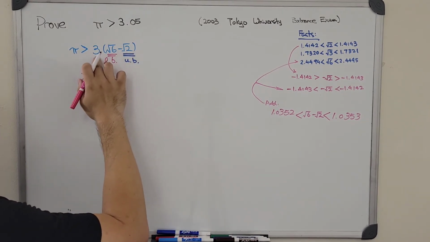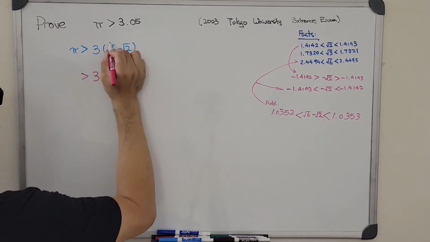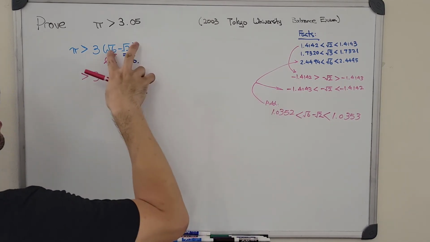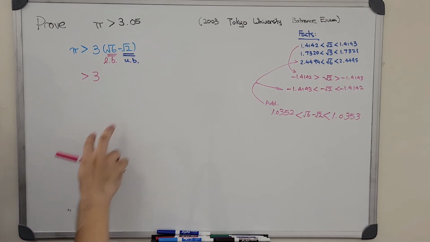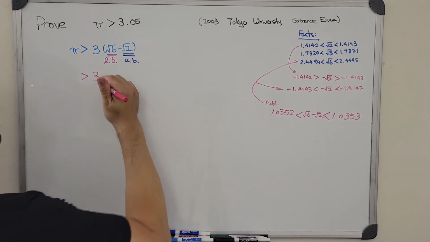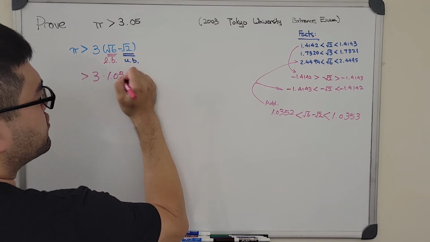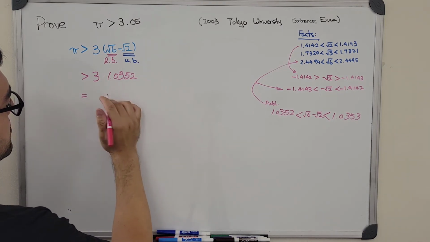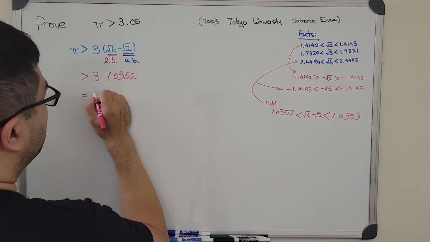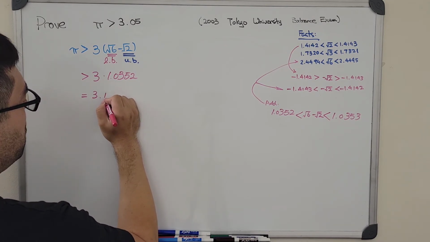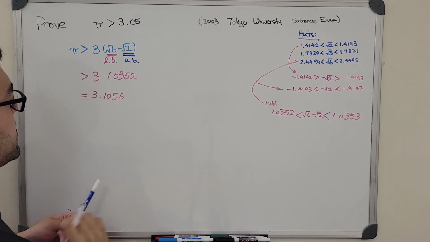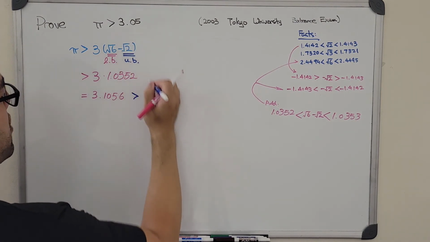Pi is greater than this, which is strictly greater than 3 times the lower bound of it, because we just use the fact that the part inside the parentheses is strictly greater than the lower bound. 1.0352. So this is going to give us, let's see, 3.1056. So in fact, we actually get something even bigger. To end the proof, we'll just write down that this number is greater than what we want to prove.